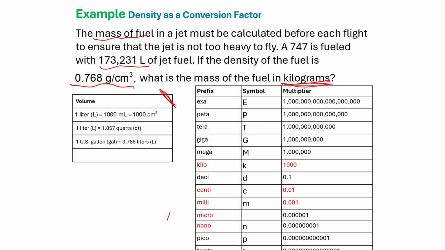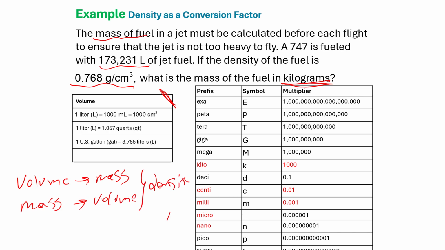So when you want to go from volume to mass, or from mass to volume, you need to use density. How does it work? You have the density, which is mass per volume. If you multiply it by volume, it gives you the mass.